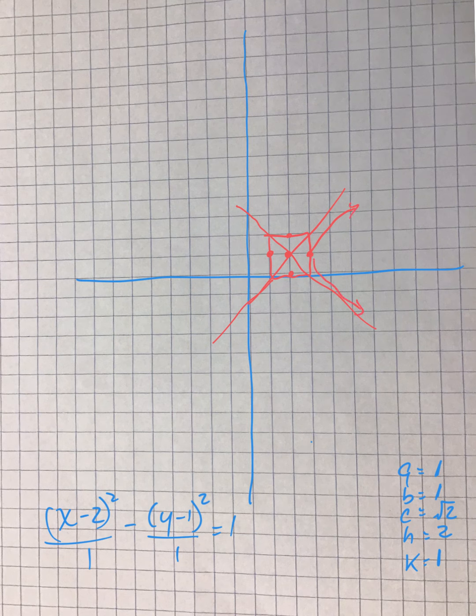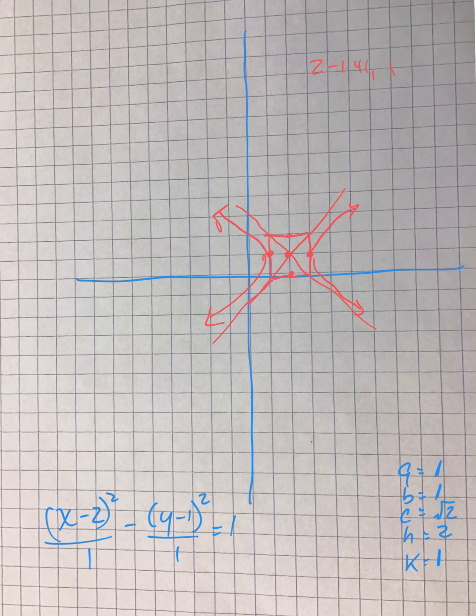And let's find our foci and make sure our foci are in the hyperbola. So if it's horizontal, the foci are H minus C, so 2 minus 1.41, comma 1. So that's what, 0.59, comma 1? Yeah, close enough.